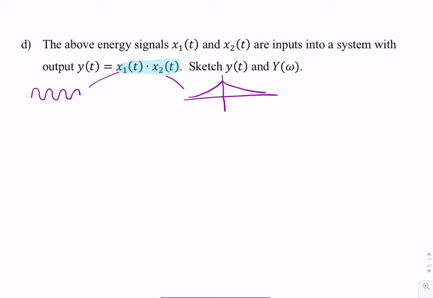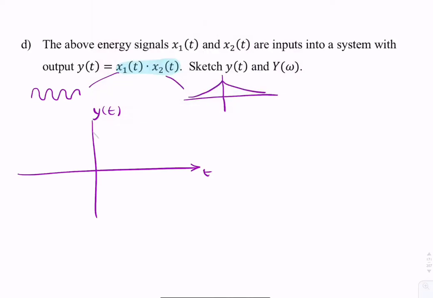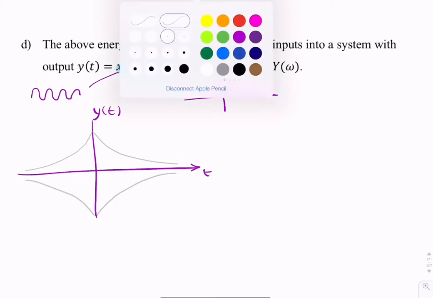Well, let's attempt to do that. So you'll need a time axis. You'll need to label it y of t. That's important. Let me use another color. You'd have an envelope like that. And then you'd have your actual plot.